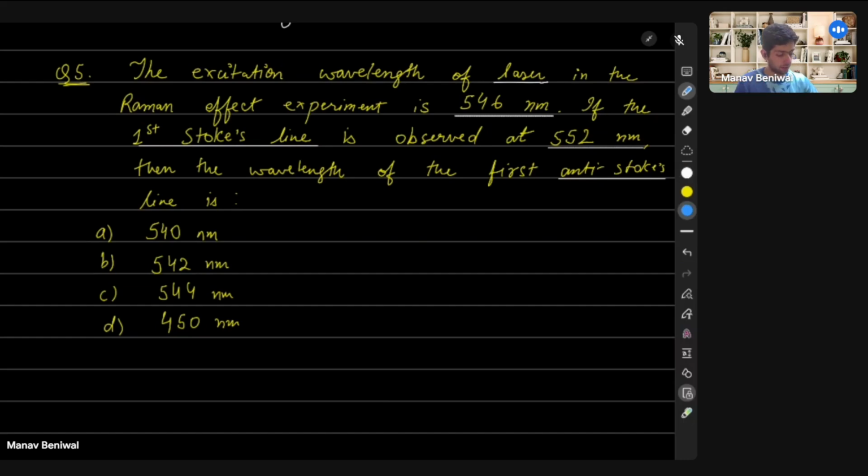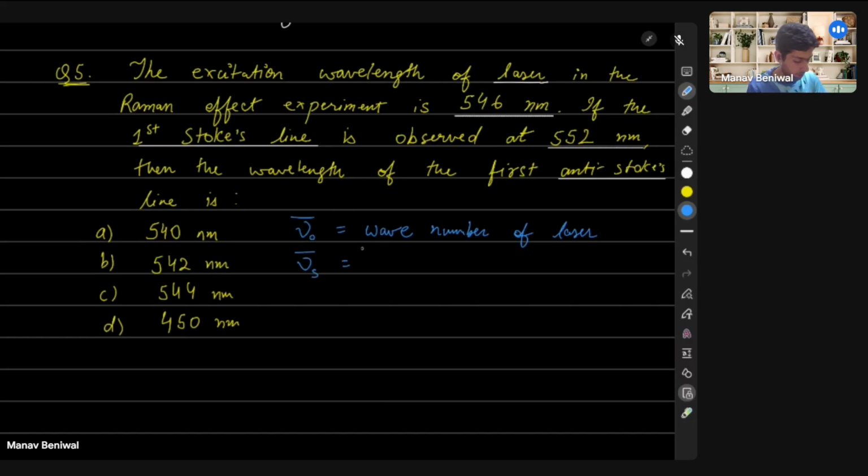So let us define some notations. Let's say this is the wave number, the original wave number of the laser.